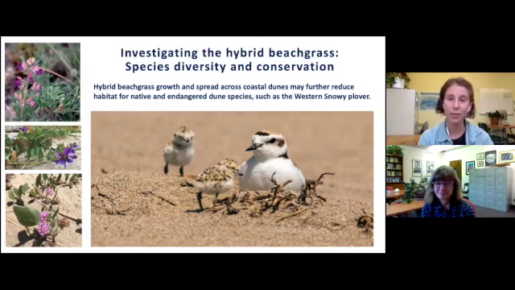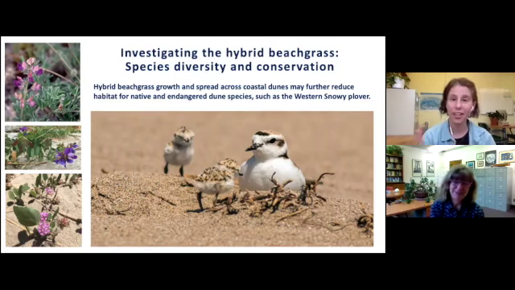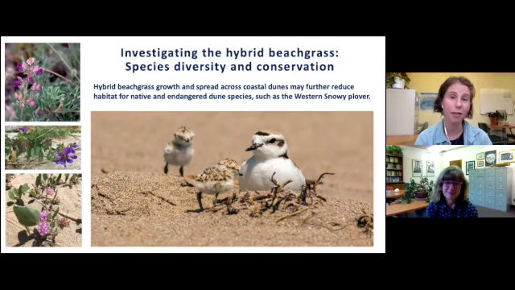It was recently described to me as a cotton ball on toothpicks. Since the hybrid is taller and in some cases denser than its parents and potentially survives better, it could have several big ecosystem changes for coastal dunes. These changes could have negative effects for some native plants and plovers as well, continuing to decrease species diversity and challenge species conservation efforts on coastal dunes.